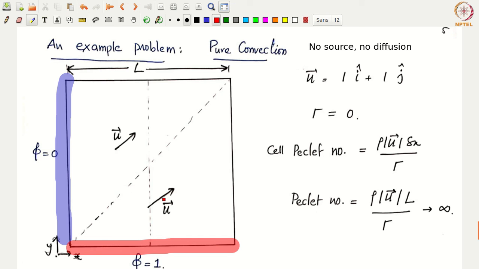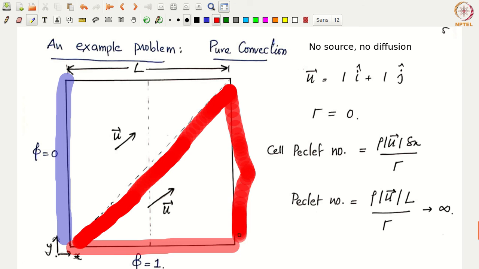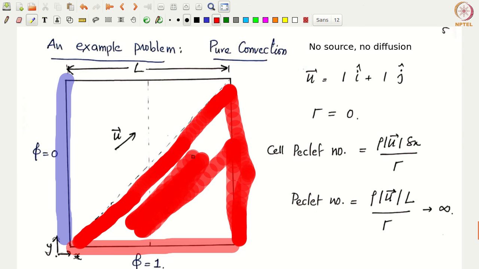Well, it is very simple. If you release some dye here, this dye is going to convect and it is not going to diffuse because there is no diffusion. And because the flow is angled at 45 degrees, everything that originates from here would go, and this entire thing would get filled up with phi equals 1.